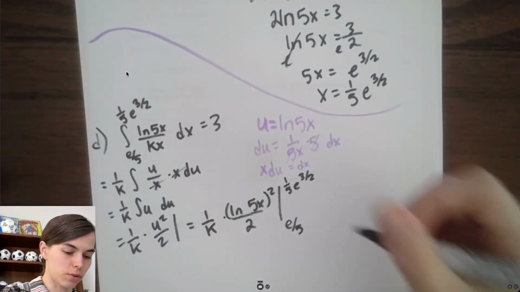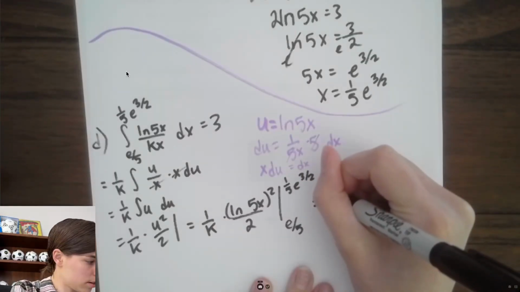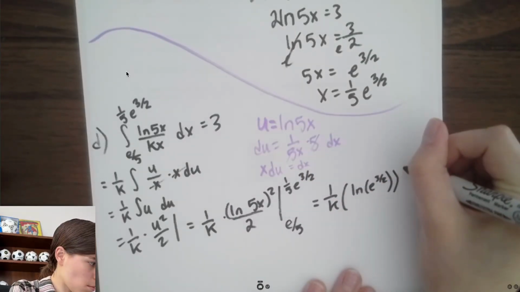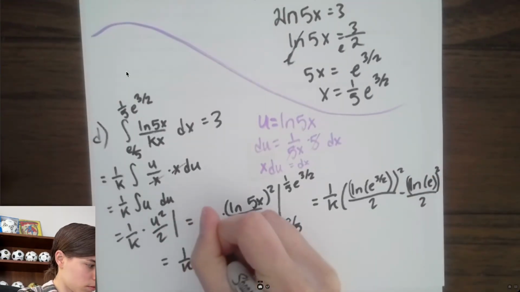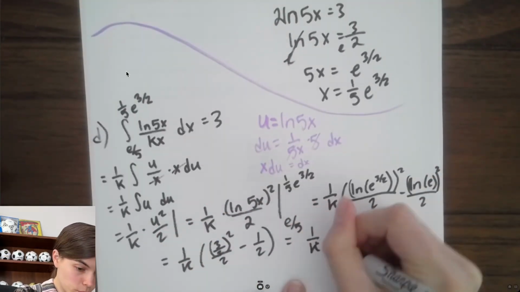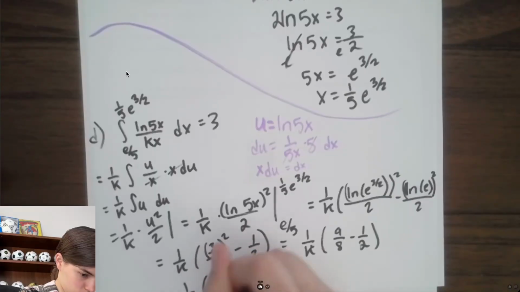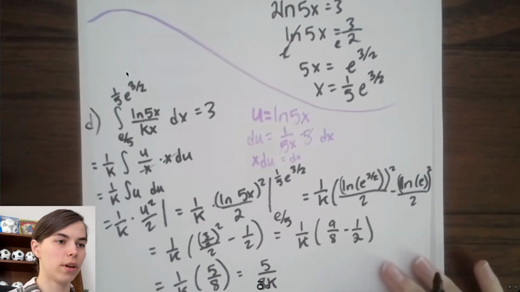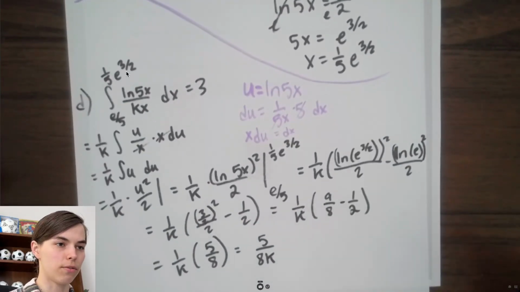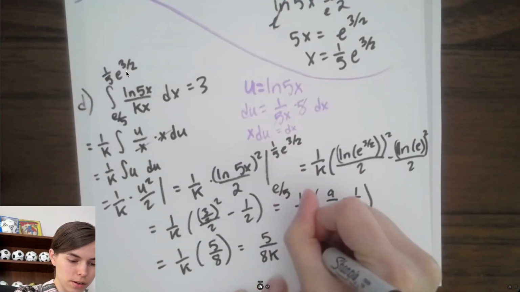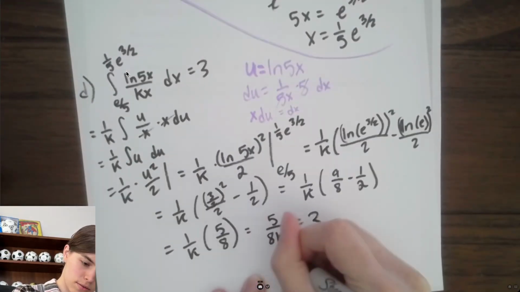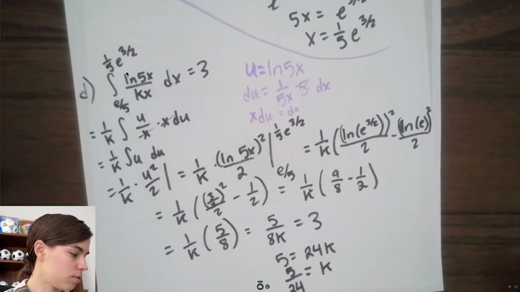Now if we just plug in those numbers, we'll get a final answer here of 5 over 8k. And since we know that that's equal to 3, we can solve for k. And there's your final answer.